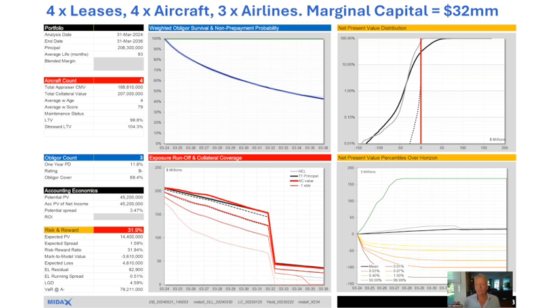So it's 2 million higher if my additional lease is with the same airline I already have in the portfolio as opposed to a new airline that I didn't have before. So this is something that you can do in MyDex, is to look at the marginal capital by adding a position.